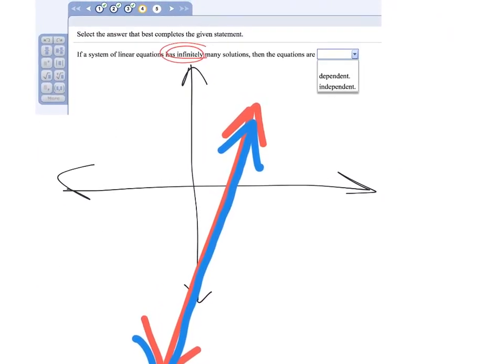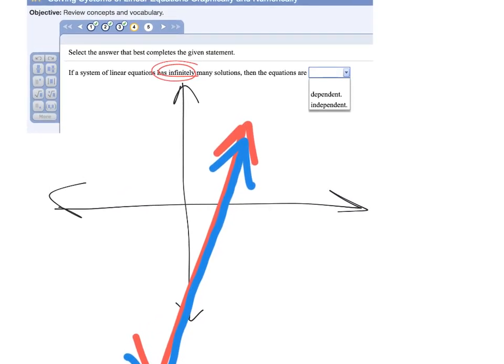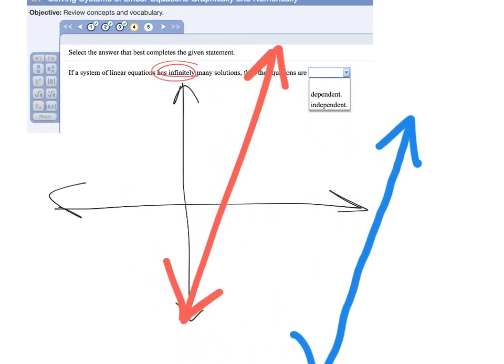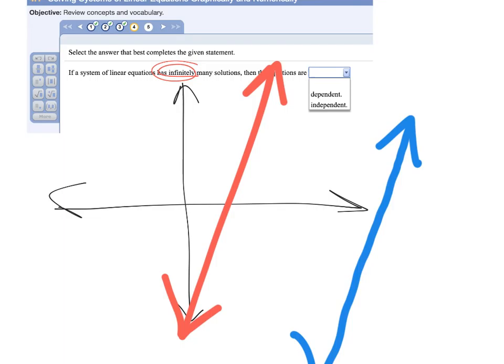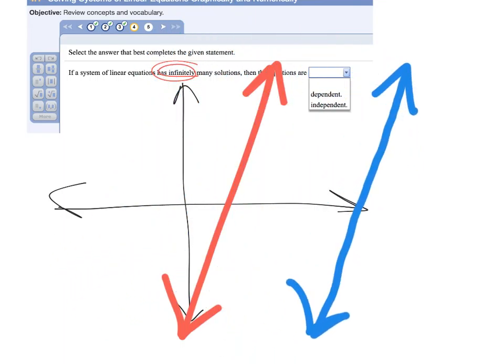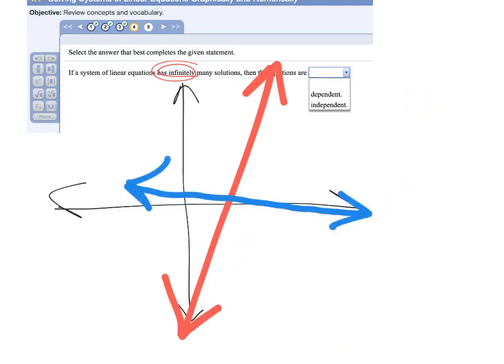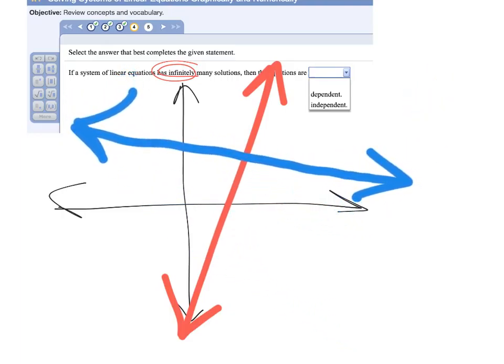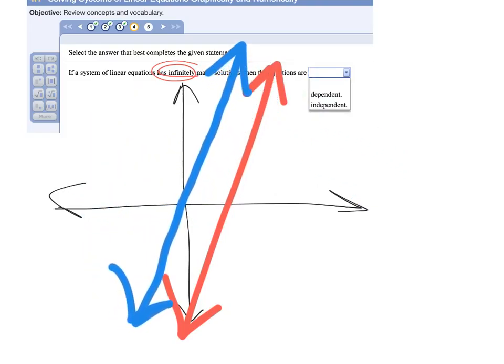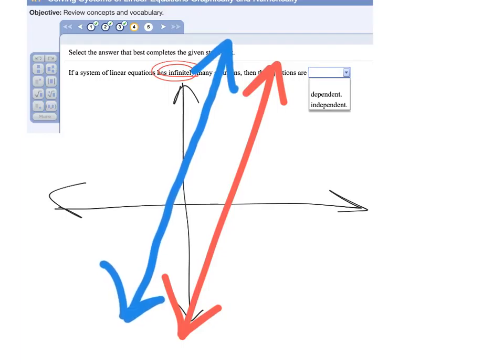Well, you have two lines, and let's say one line is going like this, and what is the other line doing in order to have an infinite number of solutions? Is it going like this? No, because then it would have one solution right there. Is it going like this? No, that would have no solutions because they never cross.